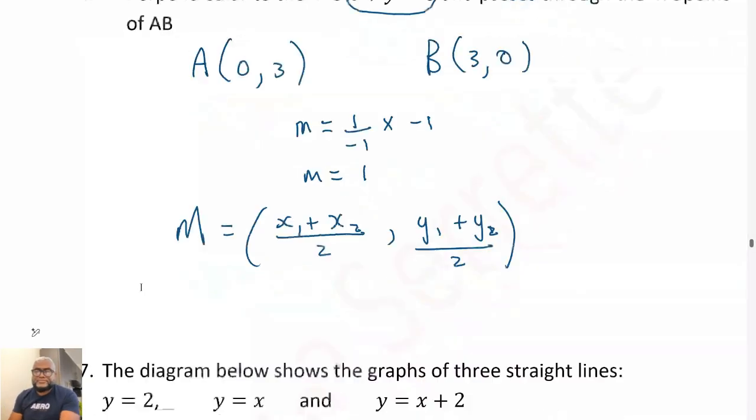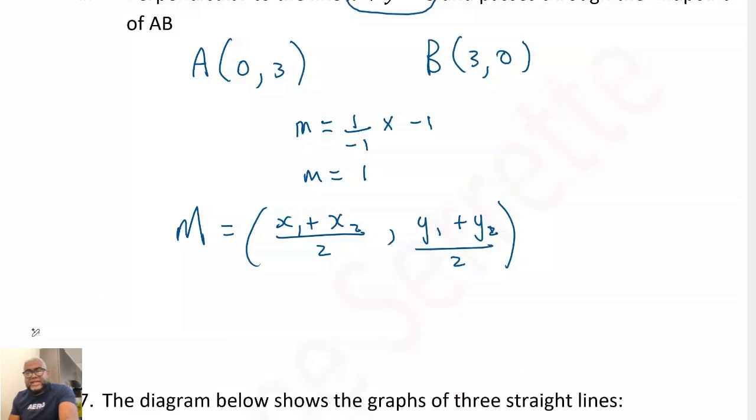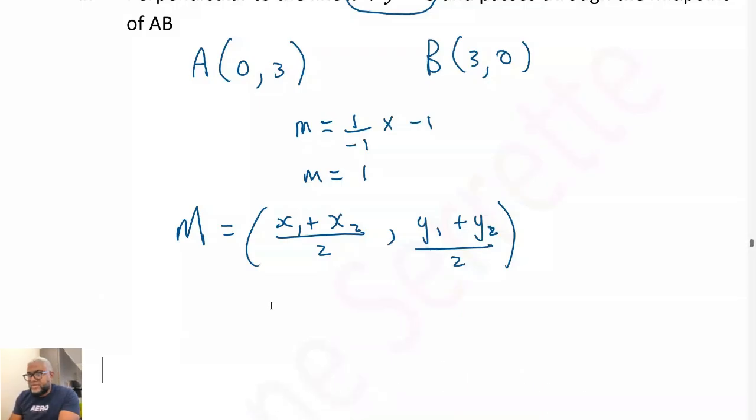Right, there we go. So we're dealing with A and B. We want the midpoint of A and B, right? So let me go. Amani, what's x1? Quick. What is x1? No. What's x1? So what's x2?